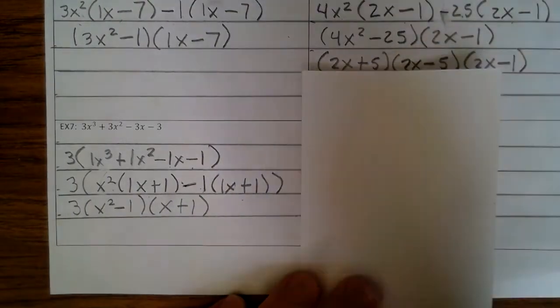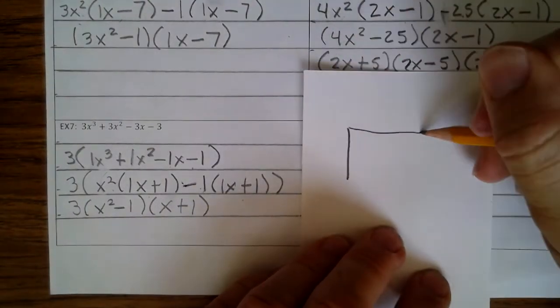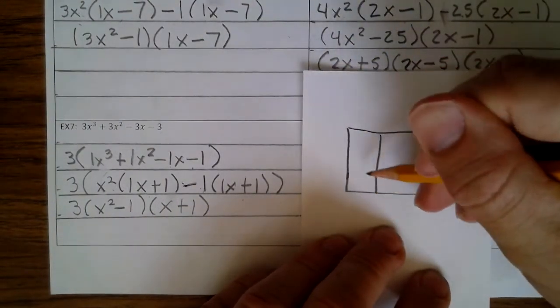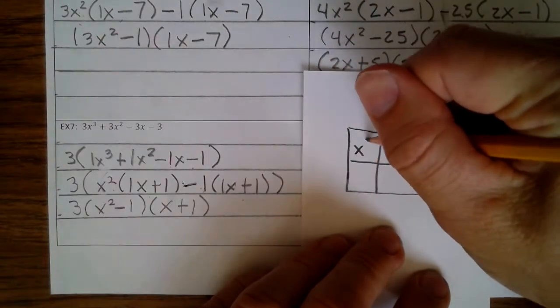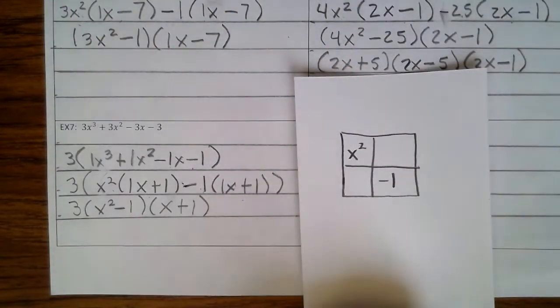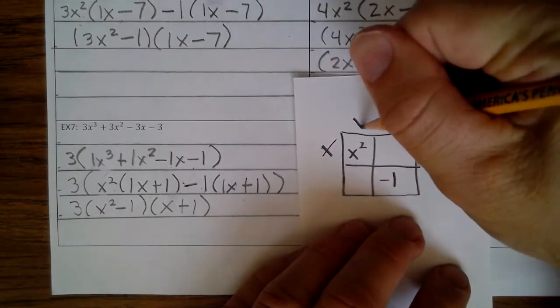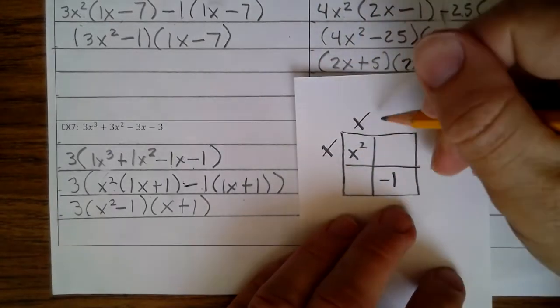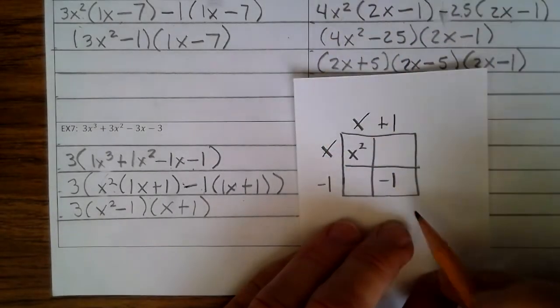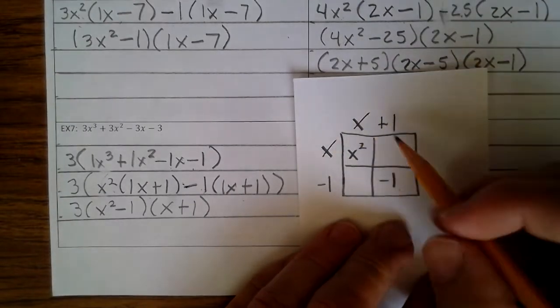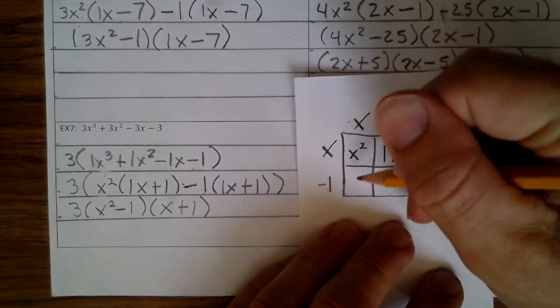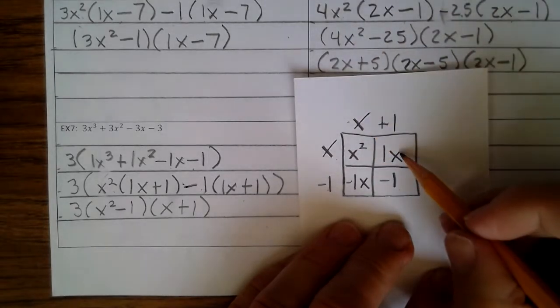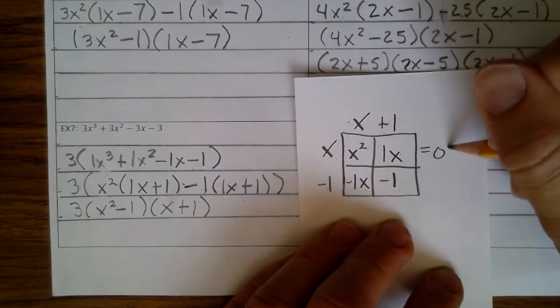Now, we can actually factor x squared minus 1. So first term, last term. Now, we know x and x makes x squared. We know that a positive 1 times a negative 1 makes negative 1. So x times 1 is 1x. Negative 1 times x is negative 1x. 1x minus 1x is 0x.